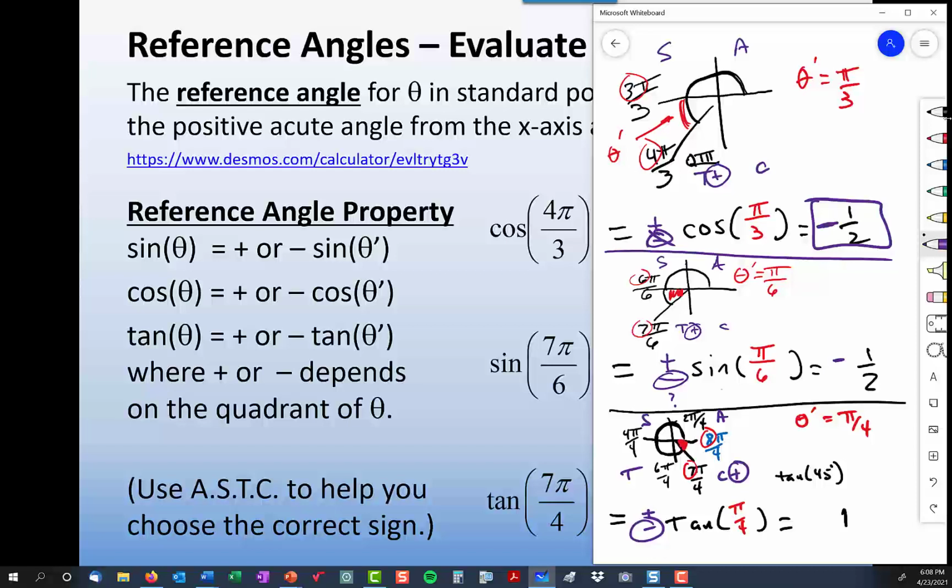So we've got to choose a negative answer. So tangent of 7 pi fourths equals -1. We were able to calculate those pretty quickly, and the faster you get at finding the reference angles, the faster you can get these exact answers.